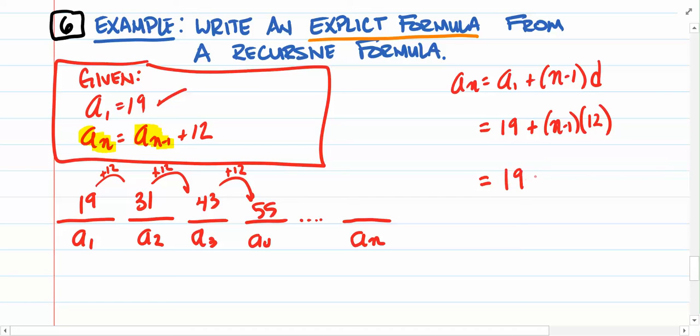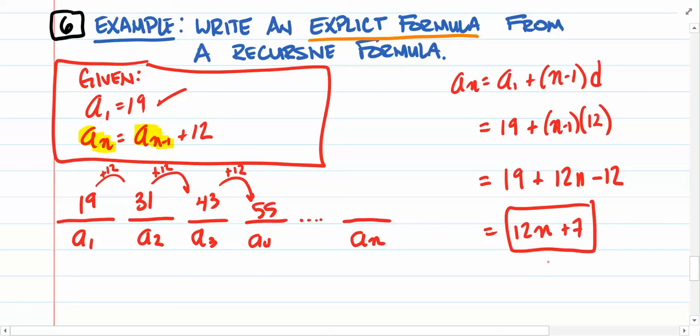So we get 19 plus 12n minus 12, and this gives us 12n, and then 19 take away 12 is a positive 7. So the explicit formula would be 12n plus 7. You can check to see if this is right.